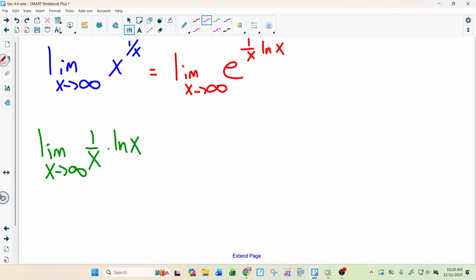So as this is right now, 1 over x is 0, and natural log is infinity. What if I just did this? Is that the same thing? If I'm multiplying, I combined it into a single fraction. And now when you put infinity in, you get infinity over infinity. So now, do L'Hopital's rule. See if you can finish it.